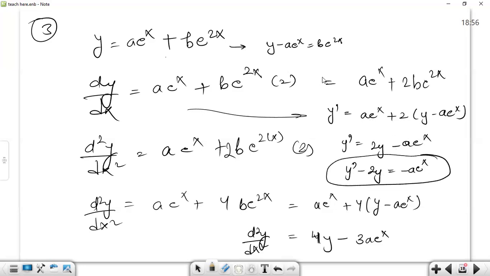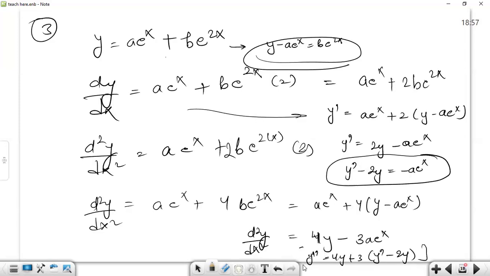So this is one equation which we have used, and another equation which we have used. Now this can be represented as y double dash minus 4y plus 3 into minus a e raised to power x, which we can eliminate with this. So now there are no arbitrary constants left in the equation, right? Yes, sir. This is our answer.